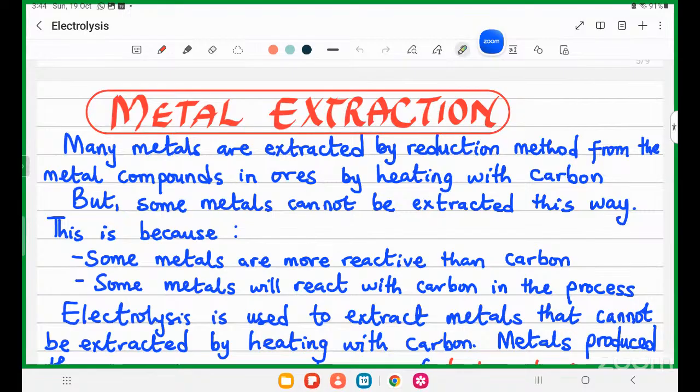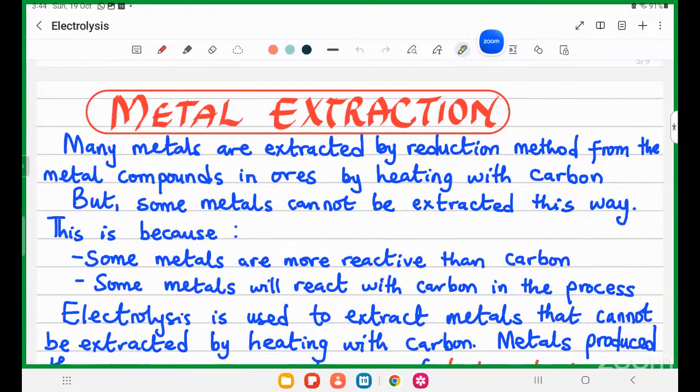Similarly, another reason is that some of those metals react with carbon in the process. Aluminum forms aluminum carbide, and if calcium reacts with carbon, it gives calcium carbide. So you can't use thermal reduction to obtain metals that are more reactive than carbon or would react with carbon.